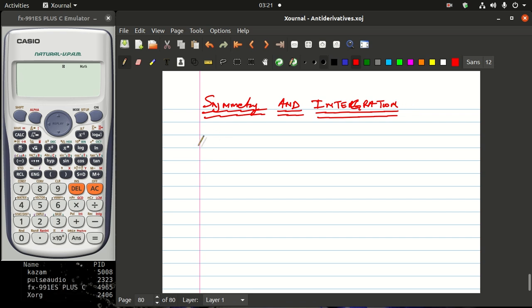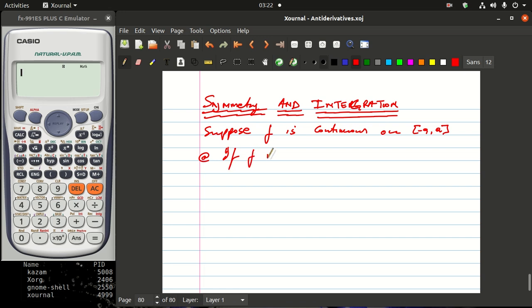There are two things here. So suppose f is continuous on minus a up to a. If f is even, so it is an even function, that is f of minus x is equal to f of x, right?